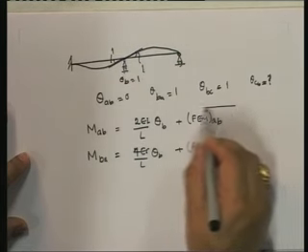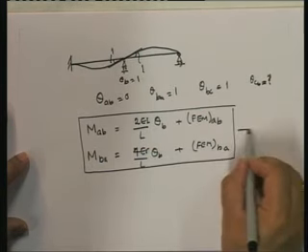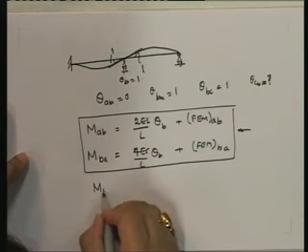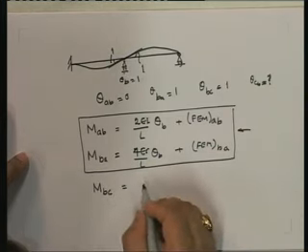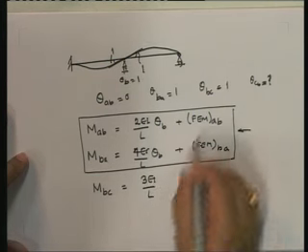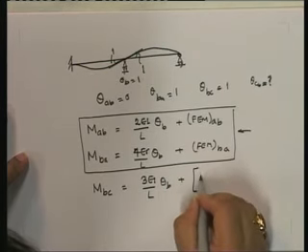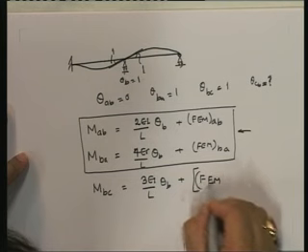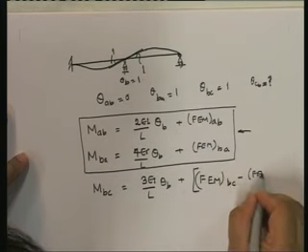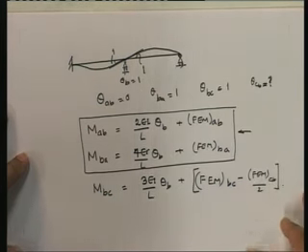These don't look any different from what we had originally. They look identical. The only difference is in this equation: MBC is equal to 3EI, and theta BC is equal to theta B, so plus, and here I have the fixed end moment at BC minus the fixed end moment at CB upon 2.